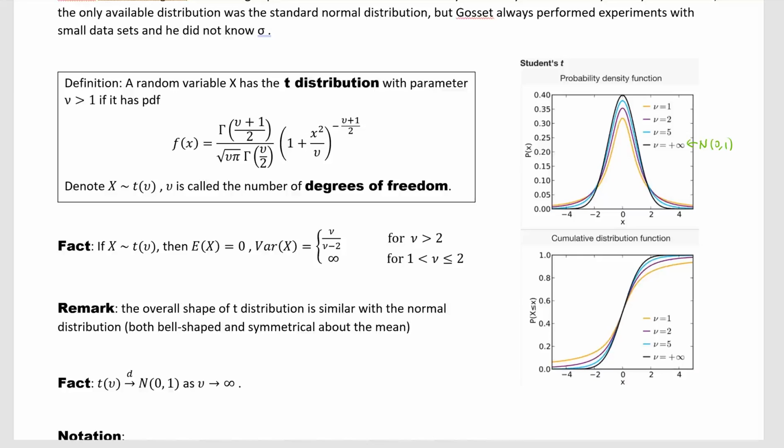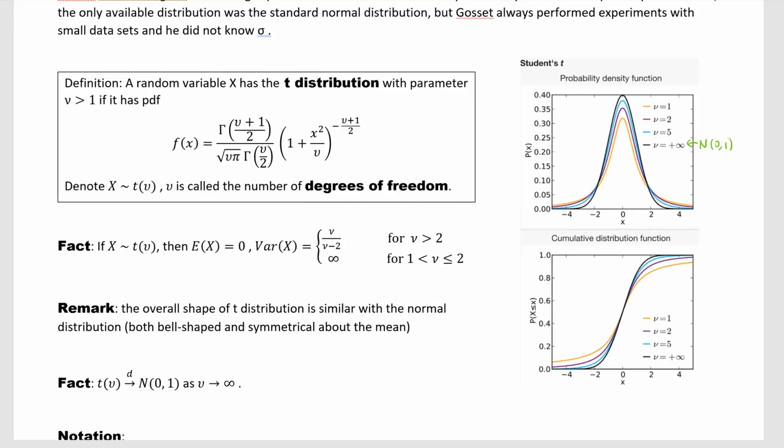For convergence in probability, an example is the law of large numbers: the sample mean converges to the population mean in probability. For convergence in distribution, we have the central limit theorem: the standardized sample mean converges to the standard normal distribution in distribution.